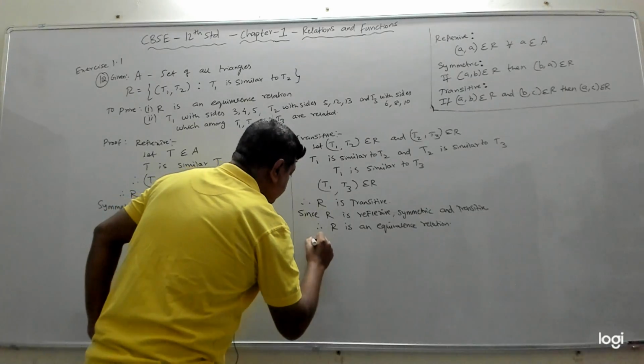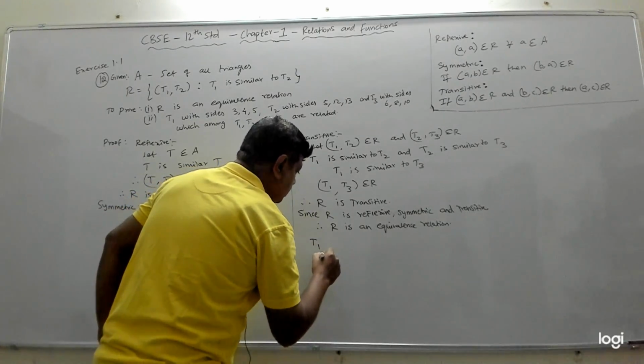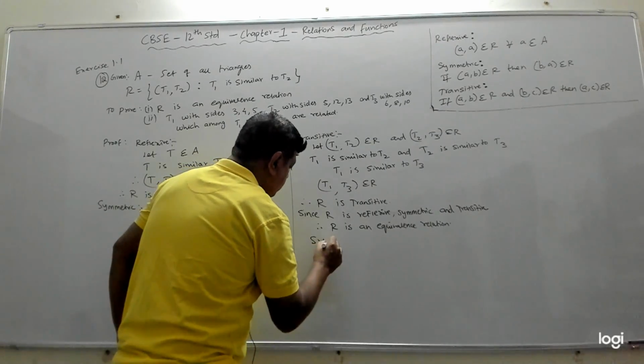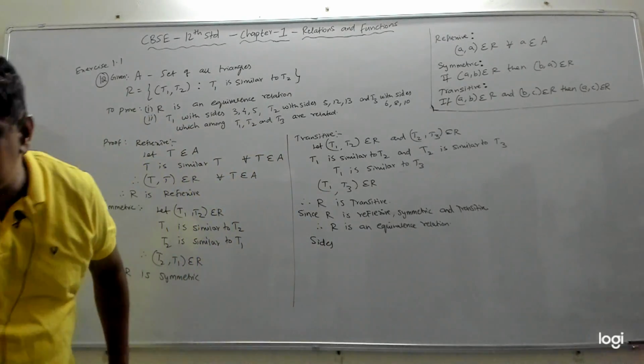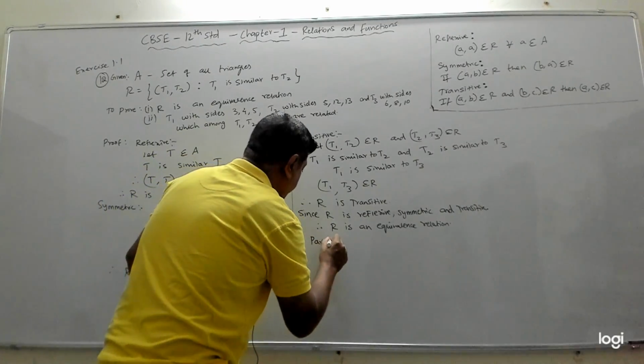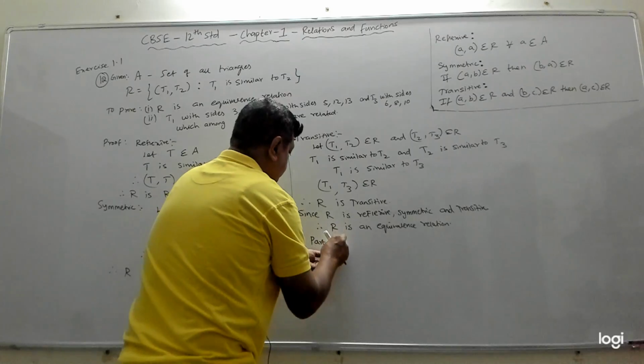So we'll say, this is for part 2. I'll write part 2 so that it is clear. We are writing the proof for part 2. Part 2 is this one.